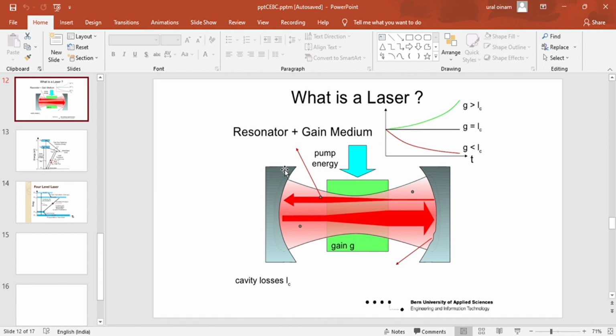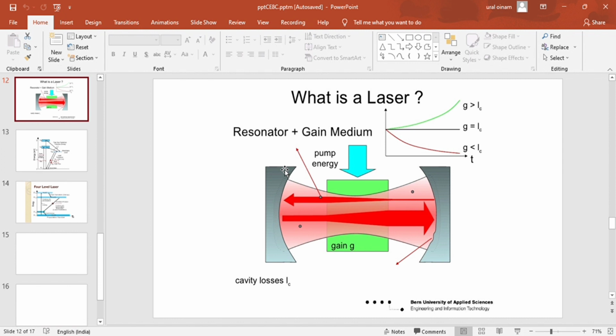When it gets reflected from the mirror, it passes through the gain medium and provides stimulated emission. When it goes through the other end, it is reflected back by another mirror. These two mirrors reflect the photons back and forth, resulting in increased stimulated emission.